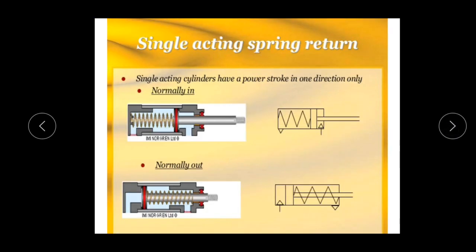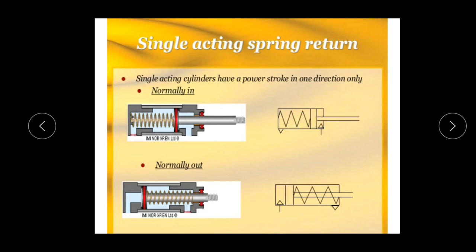As we can see in the image on the slide, dear students, the upper one indicates a single acting spring return actuator, normally in one direction, which means the pressurized or compressed air is inside the cylinder. This is the schematic diagram of the single acting cylinder. The compressed air enters the cylinder.